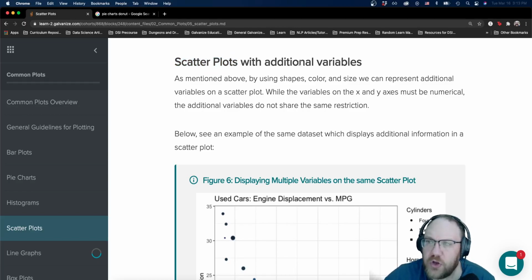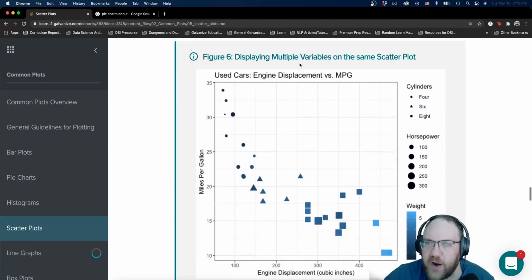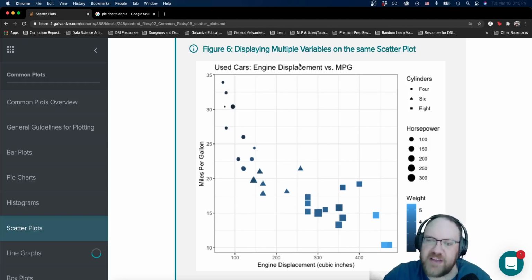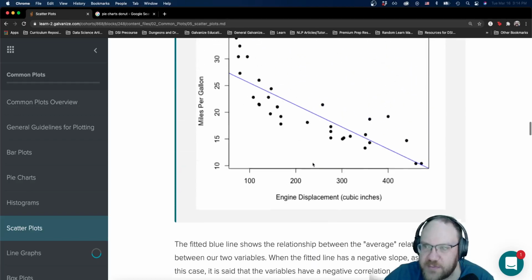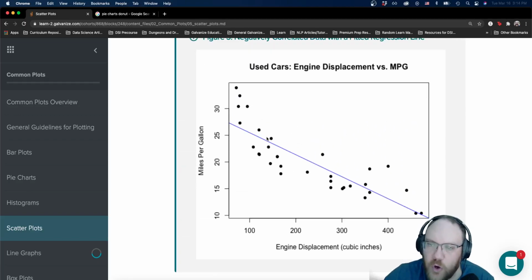But we can also make scatter plots that are a lot more detailed, pretty visually appealing, and that describe a large number of variables. Here we have the same data set, but with a number of variables expressed in it. Right now we're looking at miles per gallon as a function of engine displacement. Each one of these dots represents a car that has some engine displacement, some number of cylinders, some miles per gallon, some horsepower, and so on.